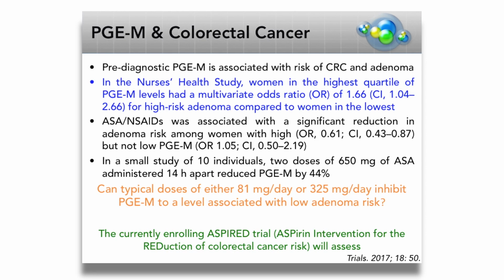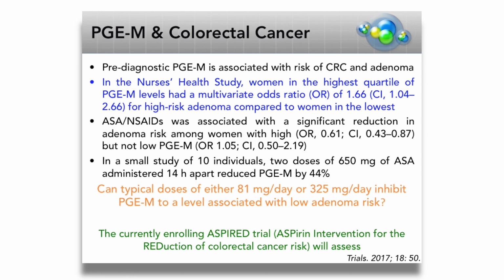Now, we've done multiple studies with prostaglandin E2 metabolites in colorectal cancer. Pre-diagnostic PGEM is associated with a risk of colorectal cancer as well as adenoma formation. In the Nurses' Health Study, women in the highest quartile of PGEM levels, that means that if you separate women into groups based upon their levels of PGEM in their urine, the women with the highest levels of PGEM had the highest risk of development of colorectal cancer compared to women in the lowest PGEM level group.